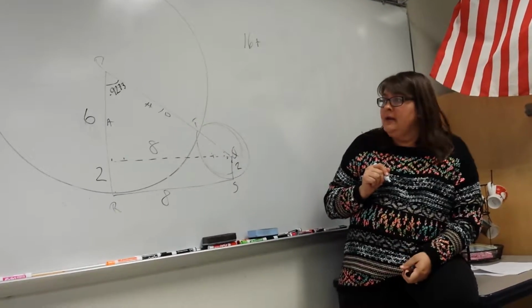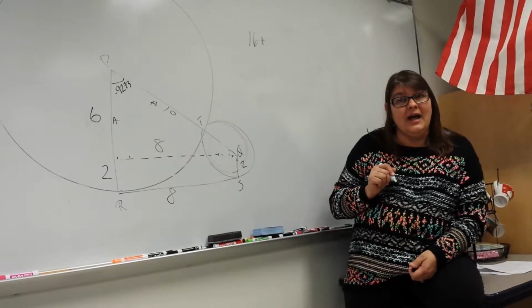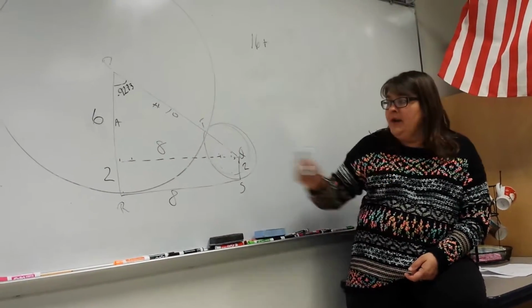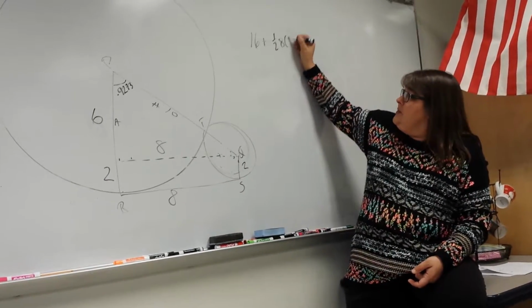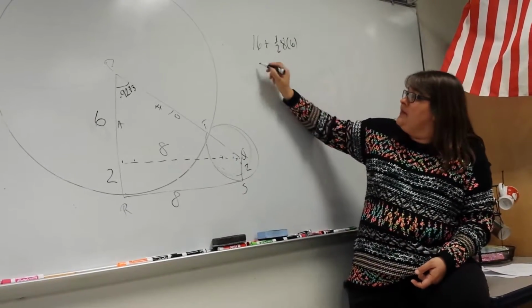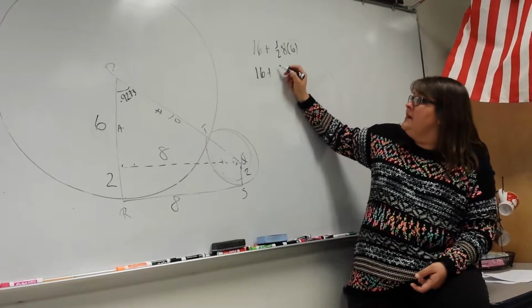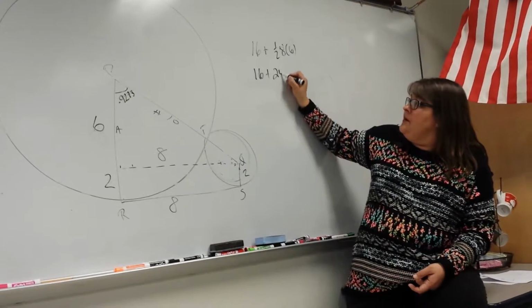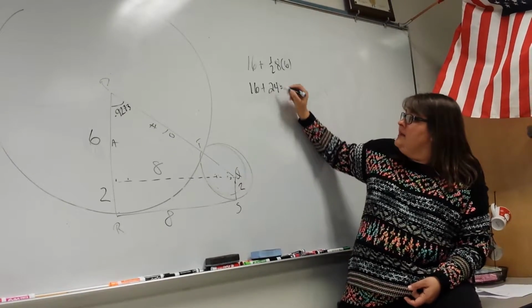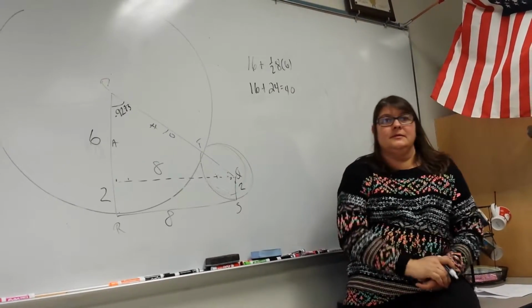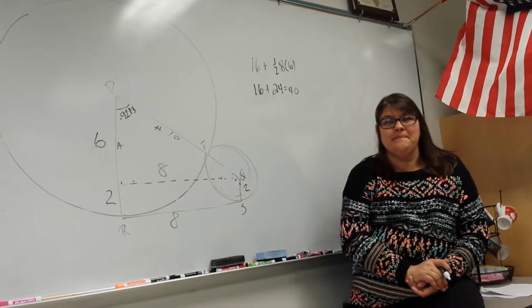It's 1/2 base times height, so 1/2 times 8 times 6, which is 24. So I have 16 plus 24, 40, correct? Everybody on the same page?